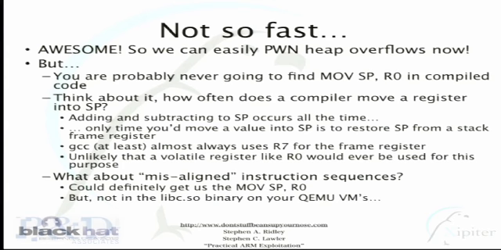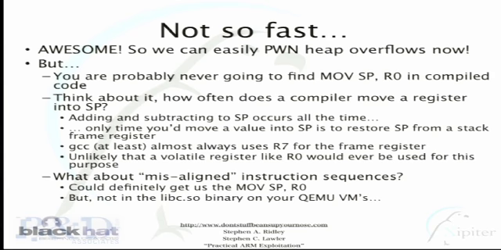The problem with ARM is that, at least in my experience, you pretty much never find a move into SP from R0 or anything like that. You can't just find the exchange register ESP opcode followed by a return. It doesn't happen. So what do we have to do?